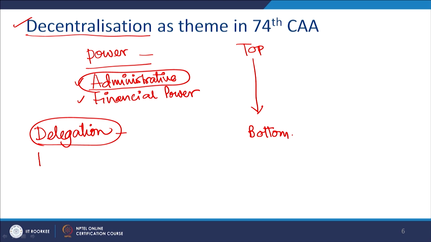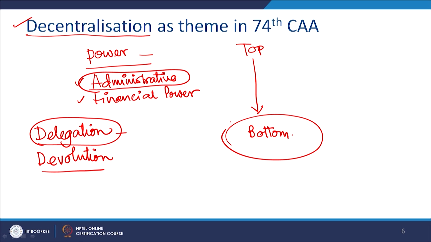There could be devolution. Devolution is basically empowering the local level or bottom level organization in terms of financial power. So, with decentralization we should also know the terms delegation of administrative responsibility, devolution of financial power and capacity, and also with this we discuss another term called deconcentration.